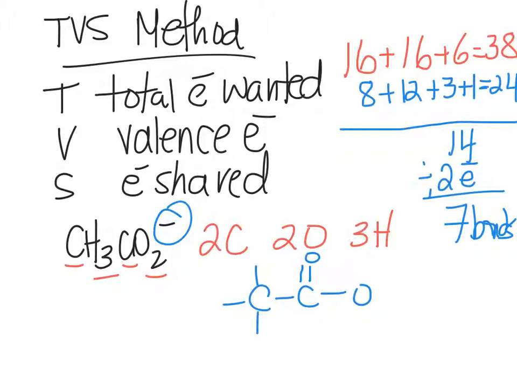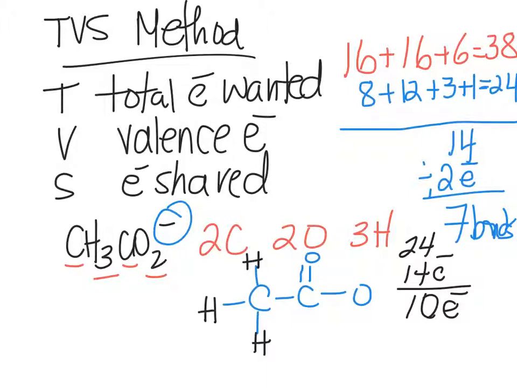Subtract the 14 electrons used in our bonds from the number of valence electrons provided, which was 24. We've got 10 electrons left to place. Carbon doesn't need any more. Hydrogen doesn't need any more. This carbon doesn't need any more.